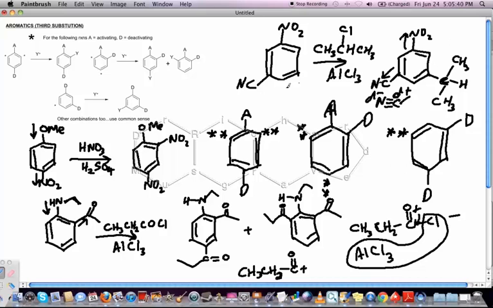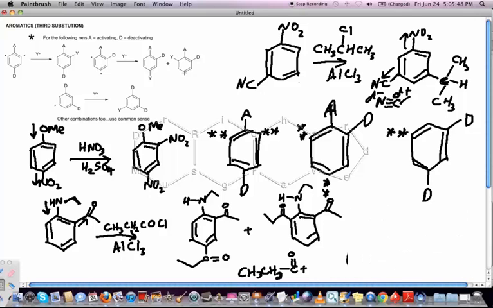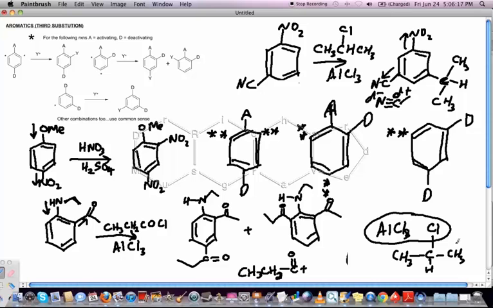Let me show you how I get the group that's actually attaching to the ring. And that's going to be from looking at the reagents on the arrow. So again, I draw out my AlCl3 and my compound, showing the bond to the Cl. So I bond the Cl to the AlCl3.